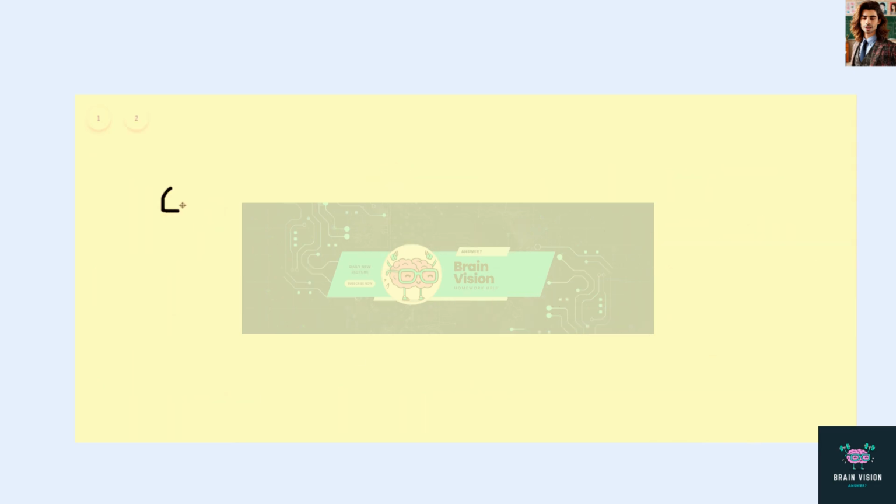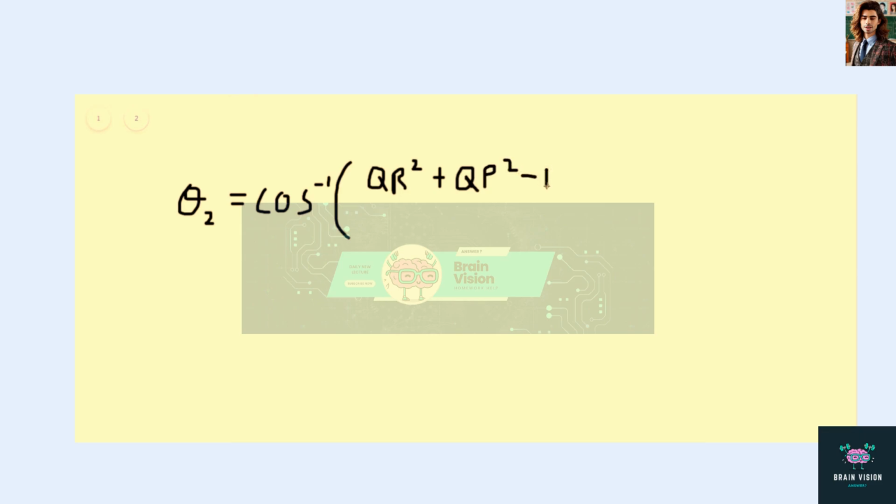Now we're going to do a similar thing for theta 2, where the cosine of theta 2 is equal to a similar relationship, or in other words, theta 2 is equal to the inverse cosine of that relationship. Again, using the law of cosines, this relationship is going to be QR squared, the distance between the two wires, plus, this time, QP, the distance from point Q to point P, squared, minus the distance from R to P squared.